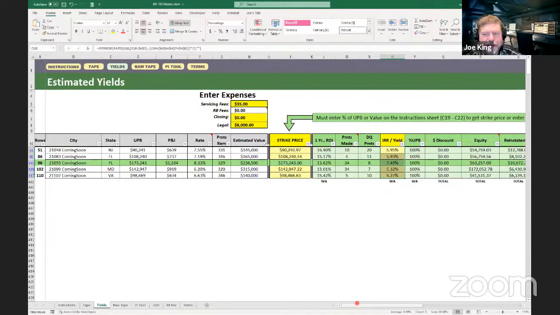The problem that I have in communicating some of this stuff is that, for people that are newer, it might be a little overwhelming. Some of the terms I'm using, maybe some of the calculations might not make a whole lot of sense, but the more you dive into it, the more you look at tapes, the more you look at what's going on with the paper.